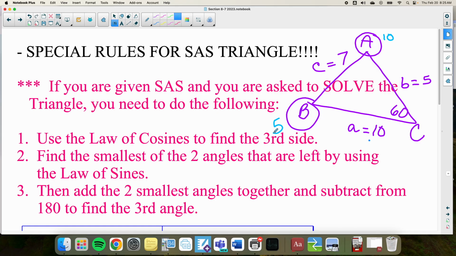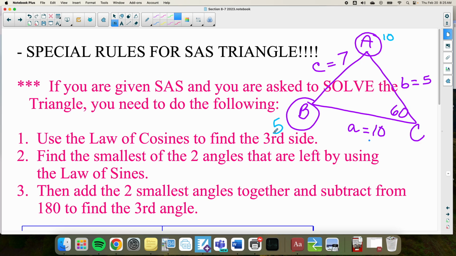There is a rule in geometry that the smaller angles are across from the smallest side. The biggest angle is across from the biggest side, okay? So A is across from a 10, B is across from a 5, which one would be smaller? B, right? Do you guys get that?